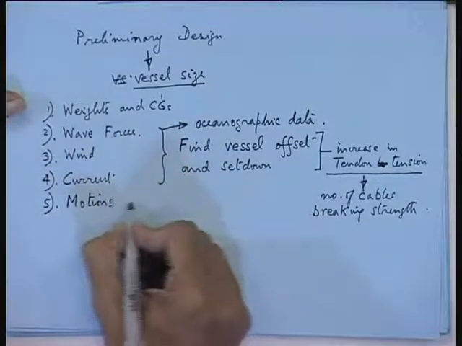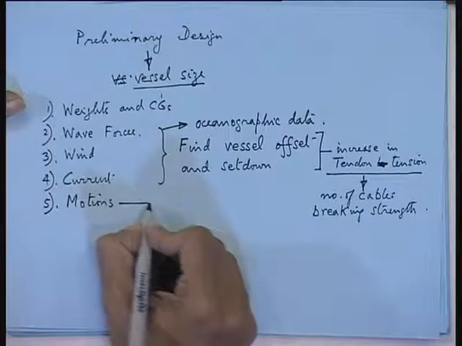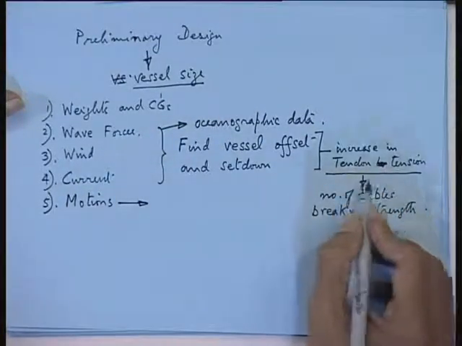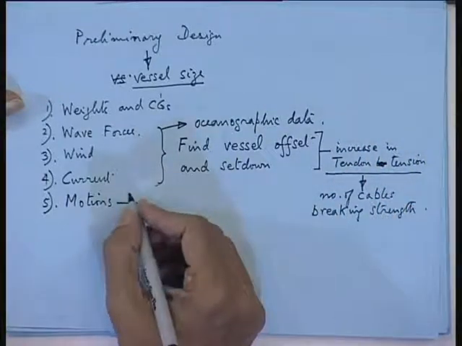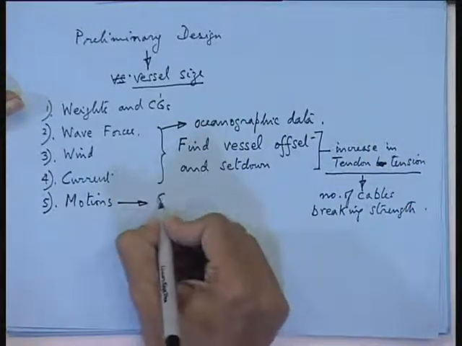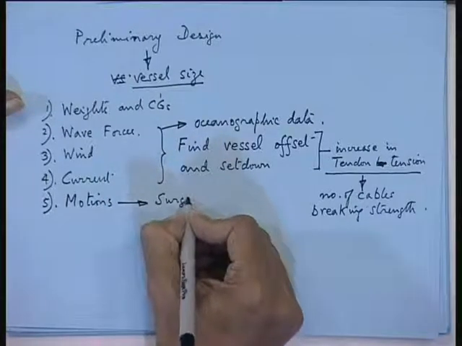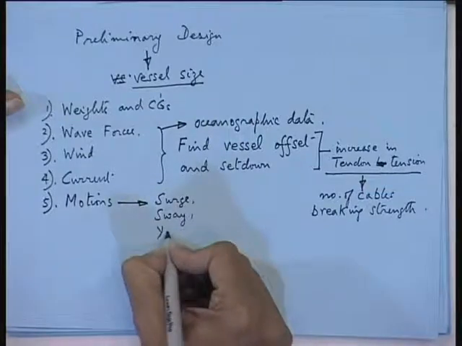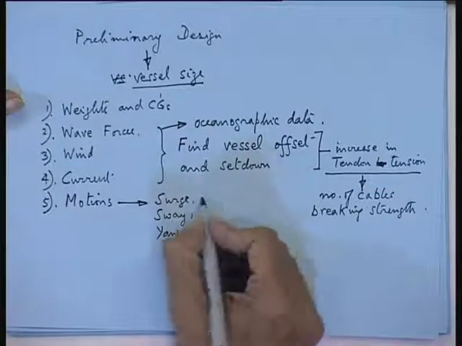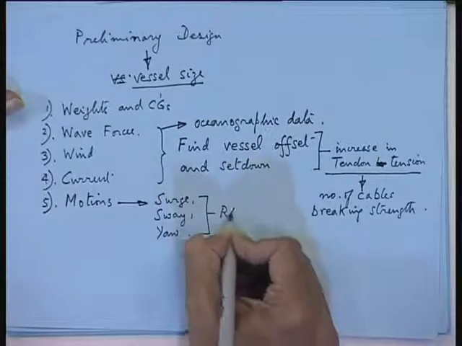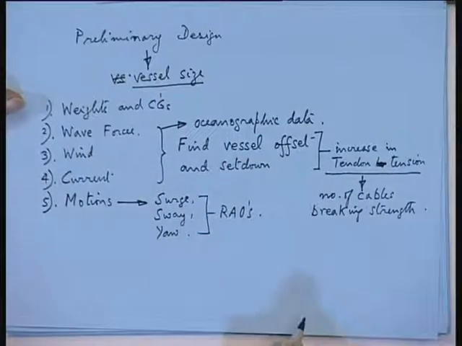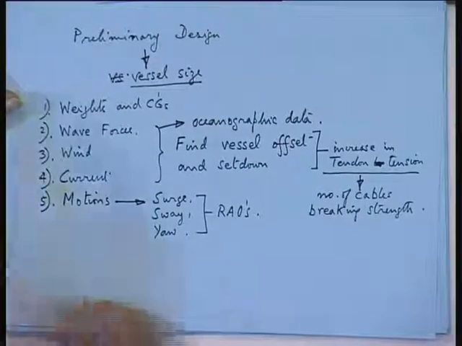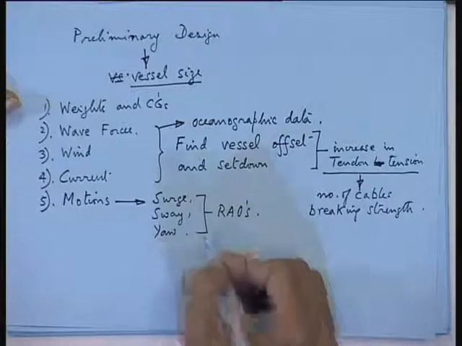In motions, you have already restricted heave, and heave comes under this tendon tension. Now, what about the other motions? Surge, sway, yaw. These you have to find out from RAOs. RAOs are basically your transfer functions.